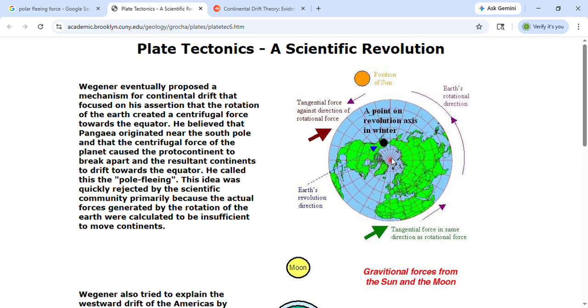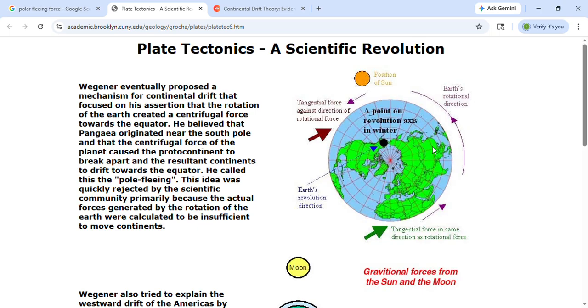Wegener suggested that the centrifugal force of Earth's rotation caused the drift. However, most scientists found this force was too weak to move massive continents. For example, it's like trying to push a heavy truck by simply blowing air at it. The force is inadequate for the mass.